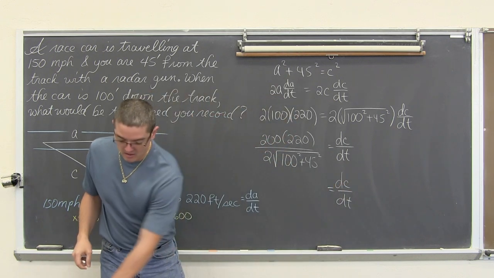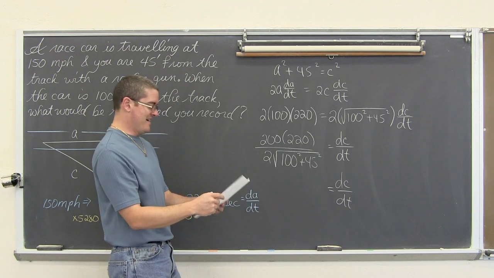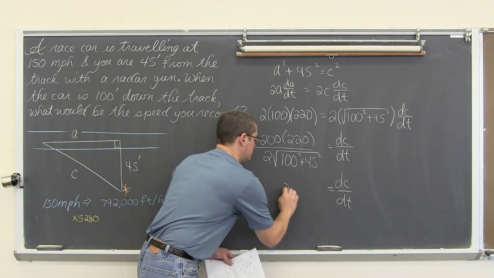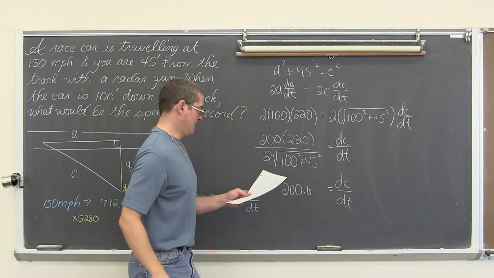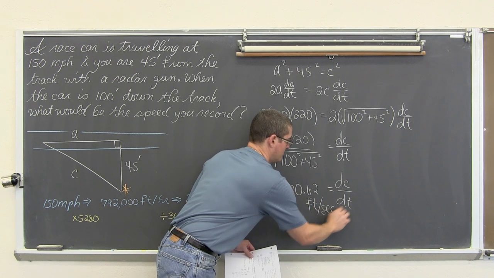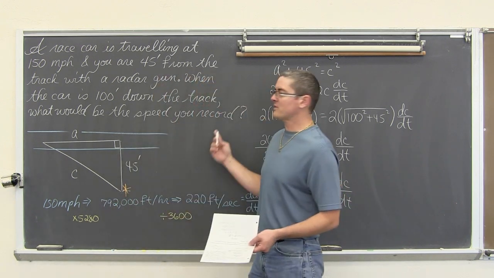That comes out to be, off my paper, 200.62 feet per second. Well, that's great, but that's not what the radar gun is going to read.